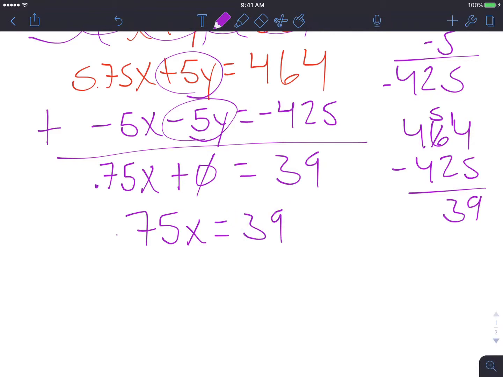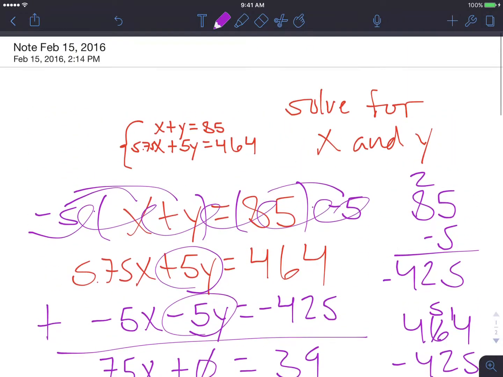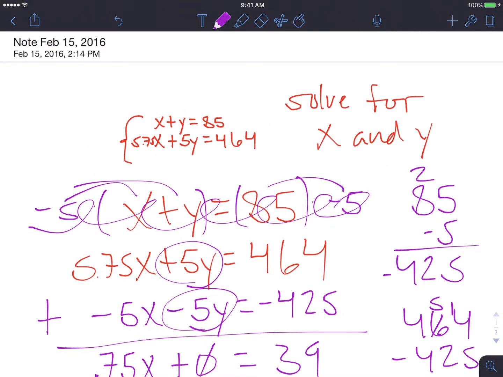Now you're going to divide by 0.75. x equals 52. Okay? So that's our first answer. x equals 52. And now I'm going to put my answer here.